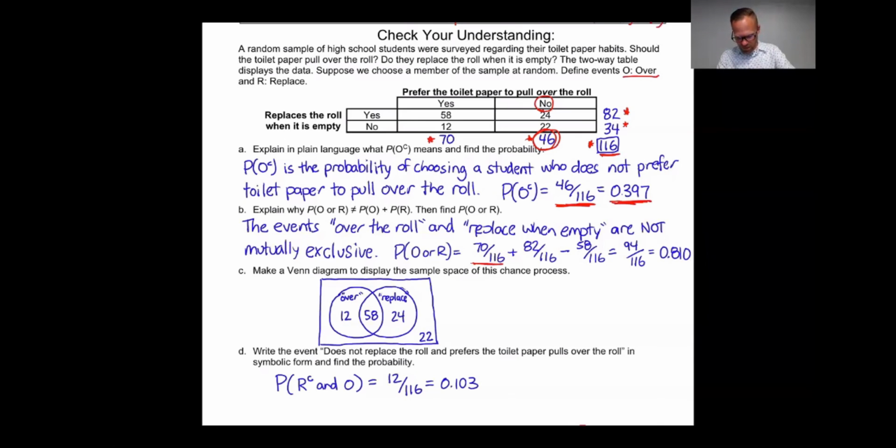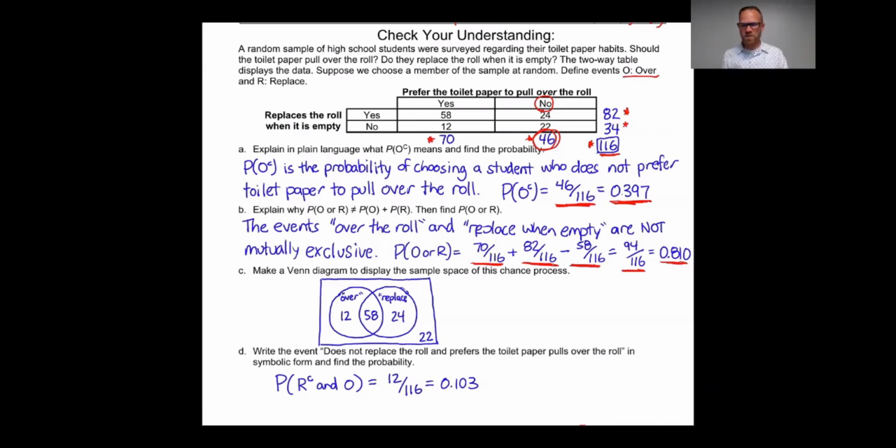So we're going to take the probability of O and we're going to add the probability of R, and then we're going to subtract the overlap here. And so we get an answer of 94 out of 116, convert that into a decimal of 0.810.